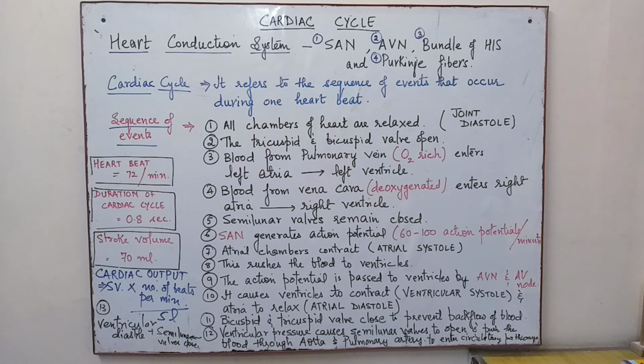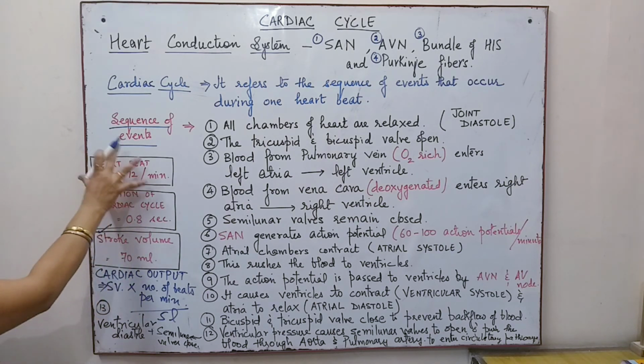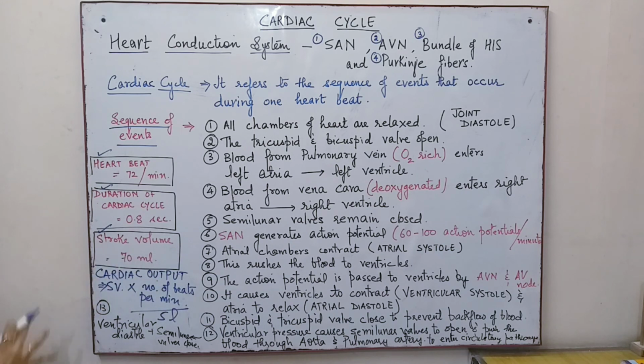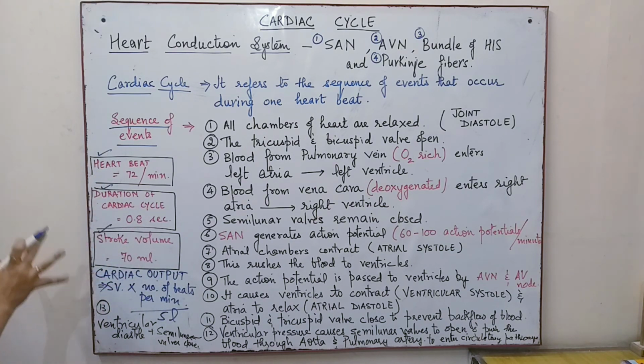Now the body can change. When we are talking of all these terms, these terms are relative. That means we are talking about a normal healthy individual in normal physiological conditions, but these can vary depending upon the activity of the body.